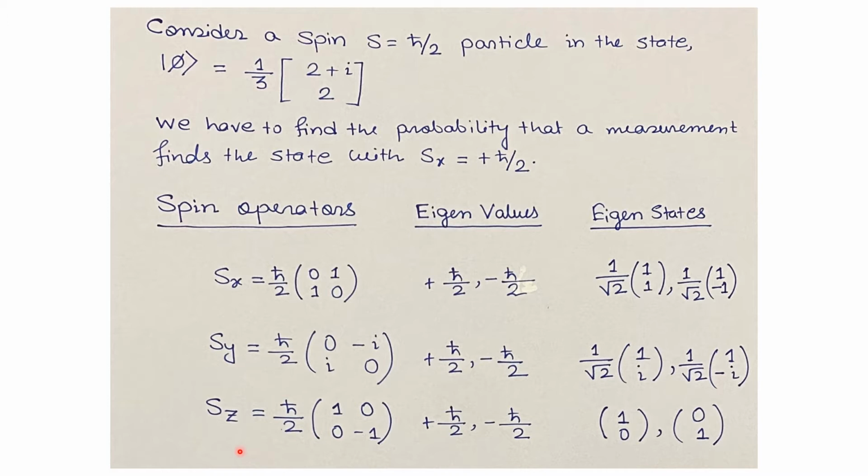And the spin operator Sz has the form ħ/2 times the matrix (1 0; 0 -1). The eigenvalues are plus ħ/2 and minus ħ/2, and the corresponding eigenstates are (1, 0) and (0, 1) respectively. These three matrices are known as Pauli matrices.